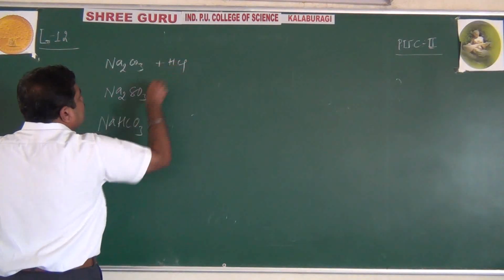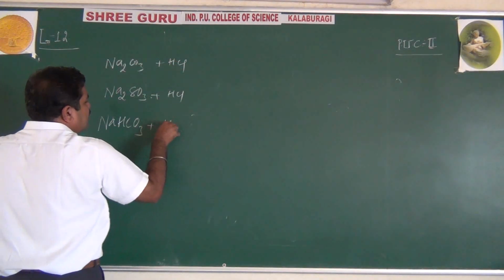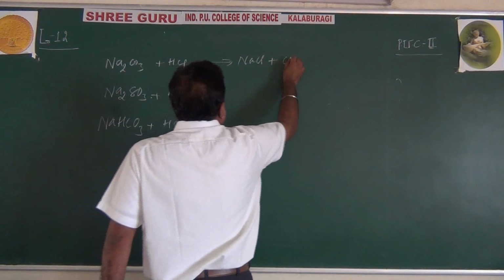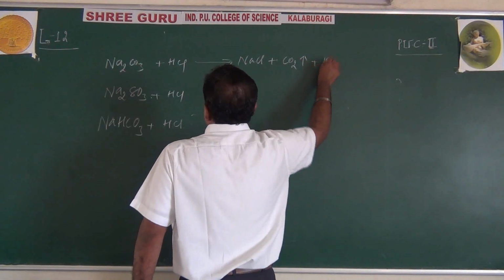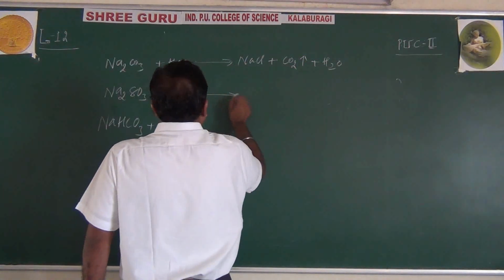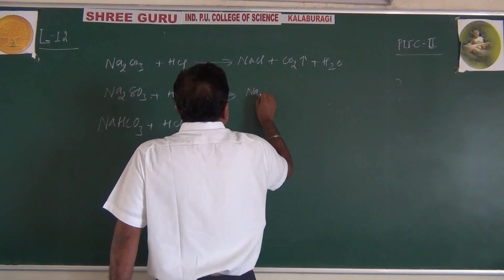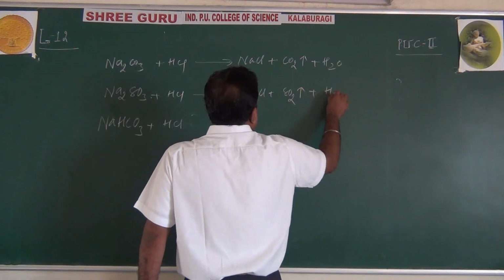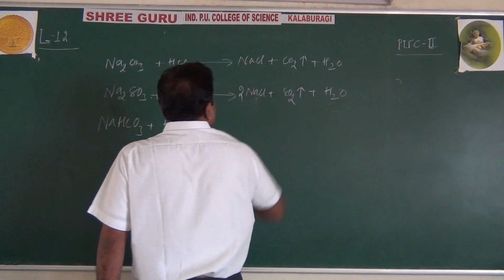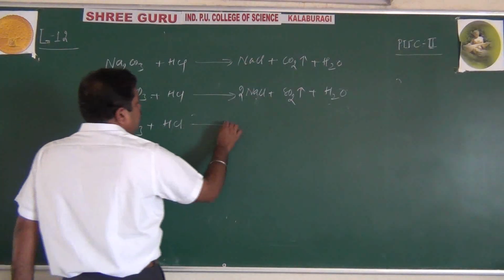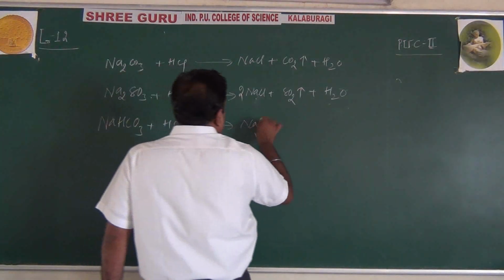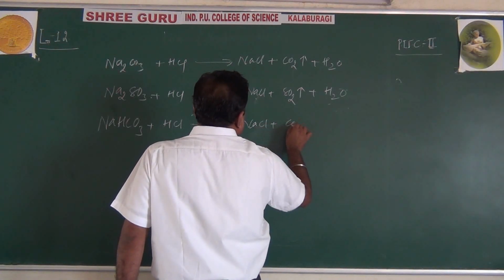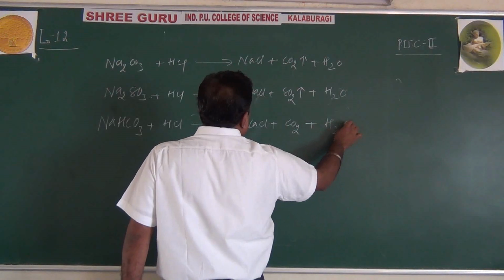When they react with HCl, they will decompose to form sodium chloride, carbon dioxide, as well as water. That is here also. Sodium chloride, but only thing is sulfur dioxide and water. 2NaCl, SO2 and H2O. Sodium bicarbonate gives NaCl, CO2 and H2O.